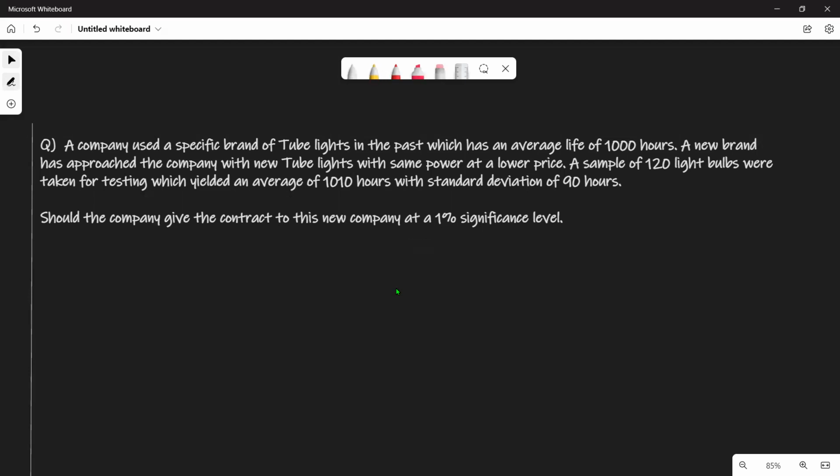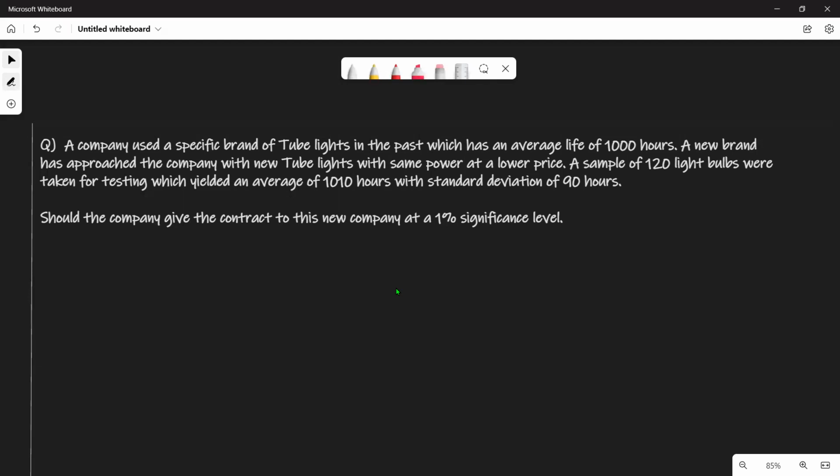A new brand has approached the company with new tube lights with the same power at a lower price. A sample of 120 light bulbs was chosen for testing, which yielded an average of 1010 hours with a standard deviation of 90. That is, 1010 hours plus minus 90. Should the company give the contract to this new company at a 1% significance level?